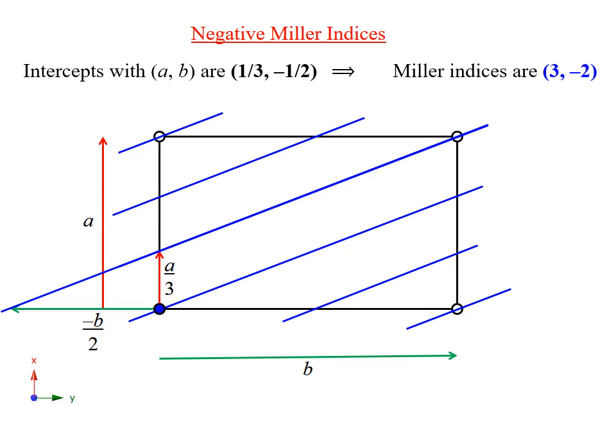So the intercepts are 1/3 and -1/2, and our Miller indices are 3 and -2. So you can have negative Miller indices and they give you the orientation of the planes. I'm just pointing out again that we still have a fixed d spacing and it will be defined by geometry.